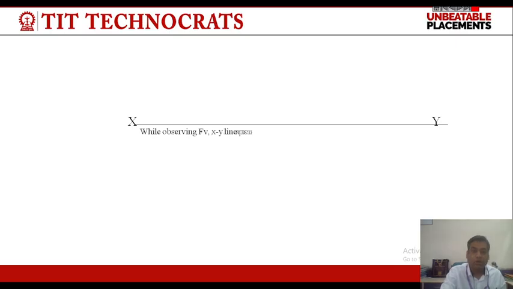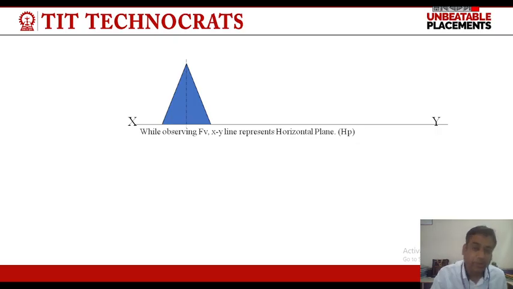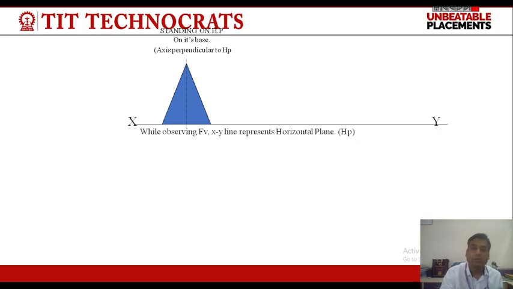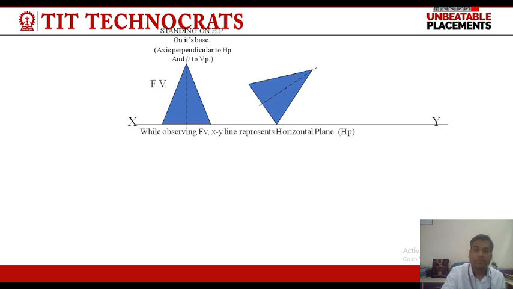Now, while observing the front view, XY represents the horizontal plane. You all know that if a solid is kept on its base in HP, this is the front view of a solid. Here, the axis of the solid is perpendicular to HP or parallel to VP.